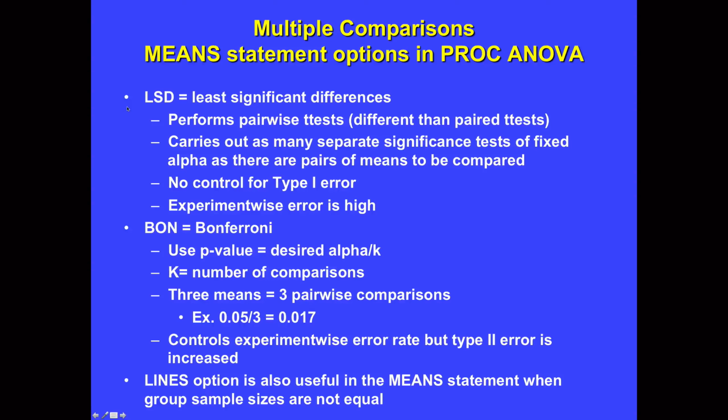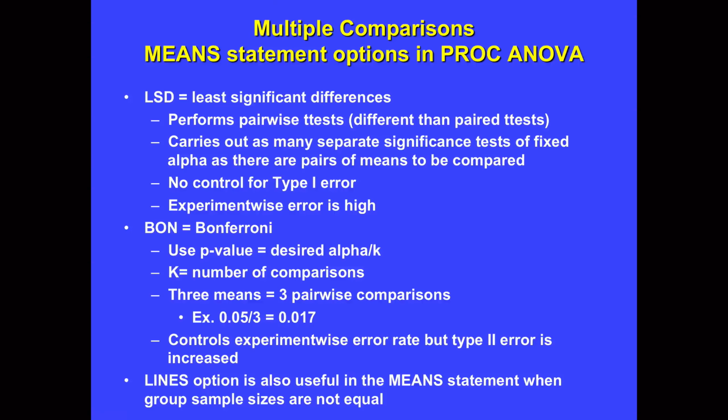So here we'll talk about the least squared difference and how to obtain that. And what this will do is perform pairwise tests. And note that, again, this is different than a paired t-test. By pairwise test, I simply mean comparing the differences between various combinations of groups, two-way combinations of groups in the data.